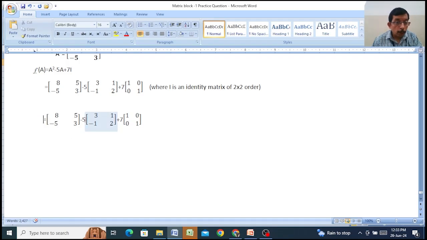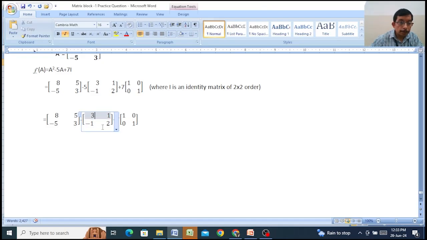First we multiply the scalar quantity 5 to the matrix A: 3 into 5, 1 into 5, minus 1 into 5, 2 into 5. This is the scalar multiplication of a matrix.